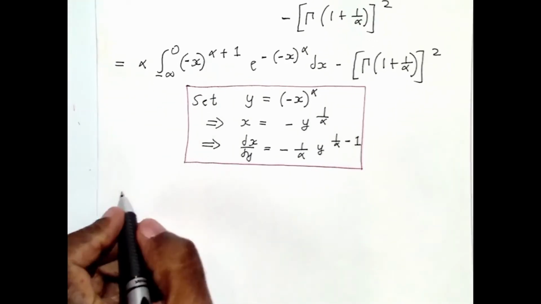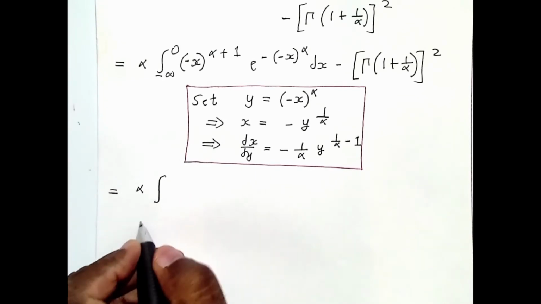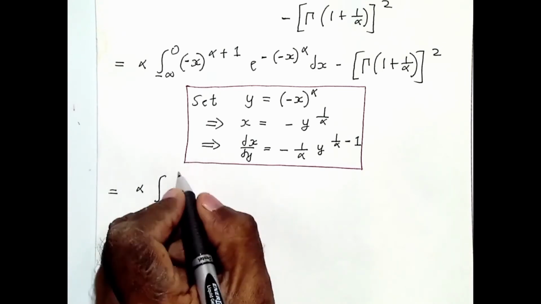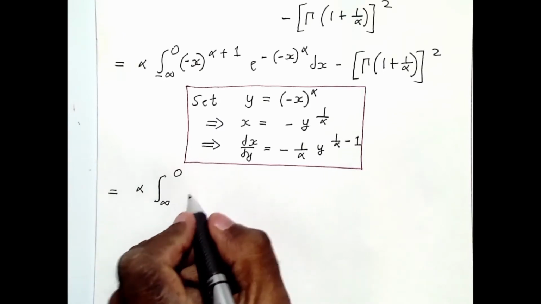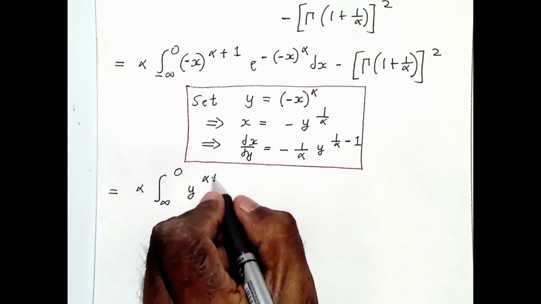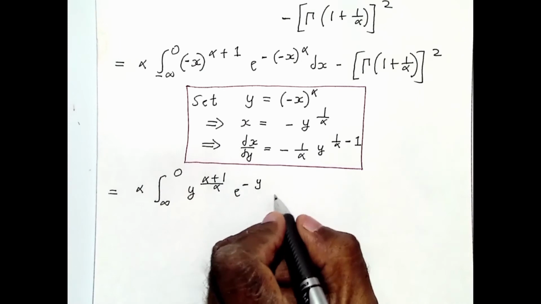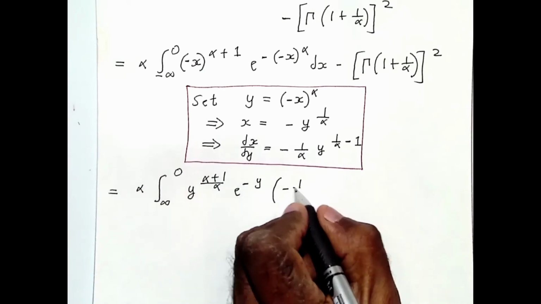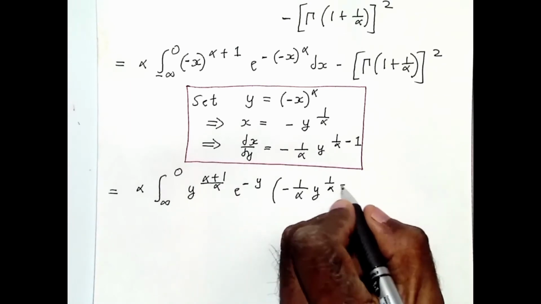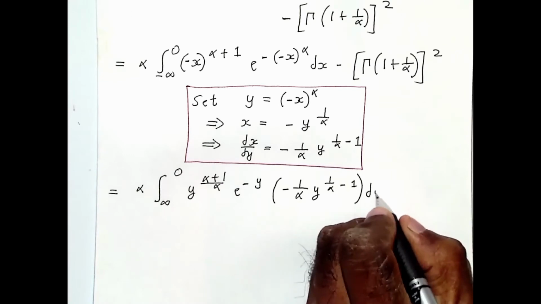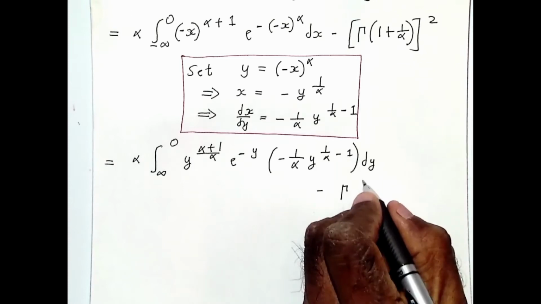Making the substitution, you get alpha. The limits of integration will change to infinity to 0, and this here will become the following. Then you get this, and dx by dy is... This is what you get, and you have to subtract. Don't forget to subtract the square of the mean.